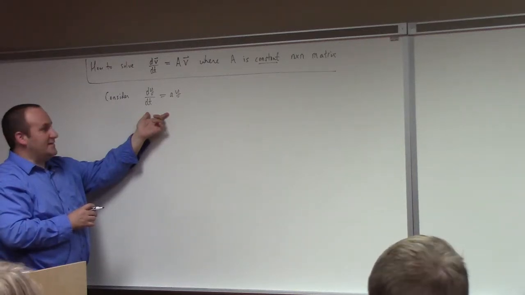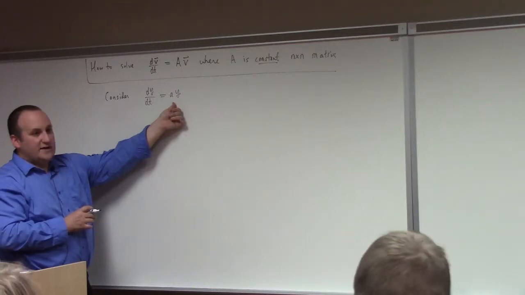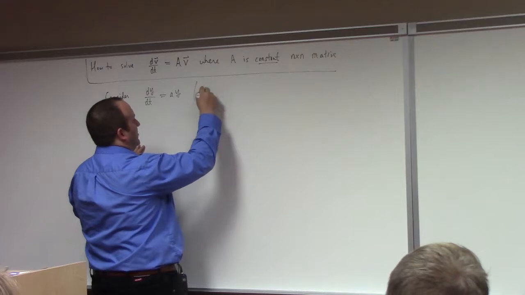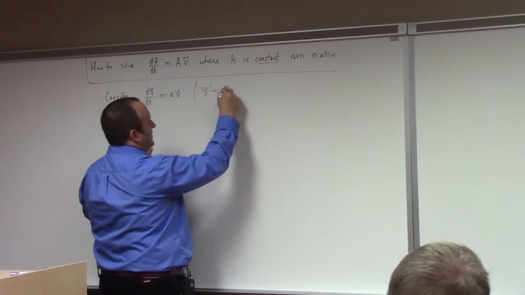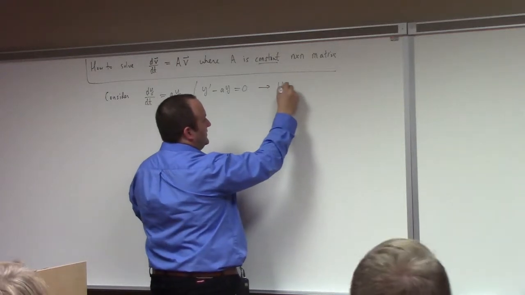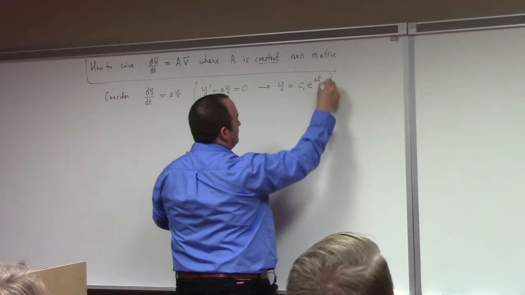It says the rate of change of y is proportional to y itself. Of course, you can separate and integrate, or you could look at this as y prime minus ay equals 0, right? So you already know the answer here: y equals c1 e to the at.